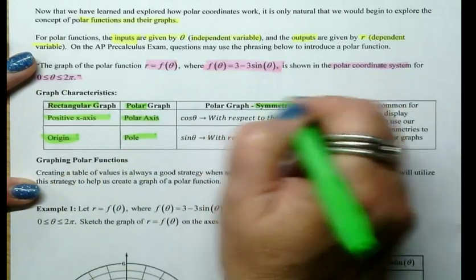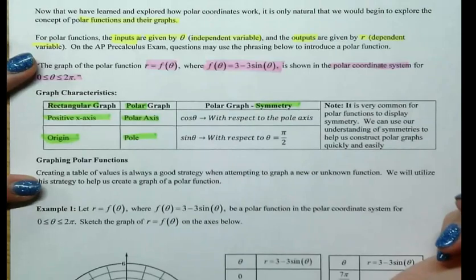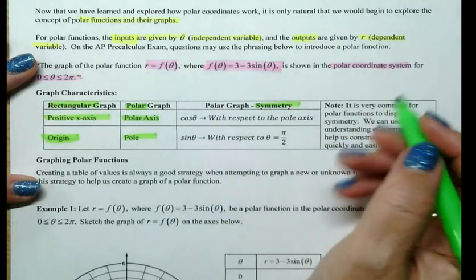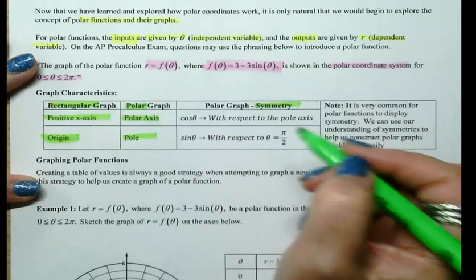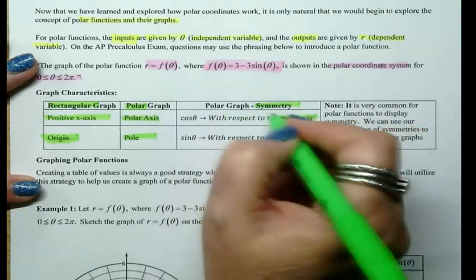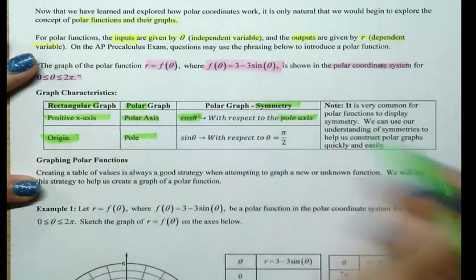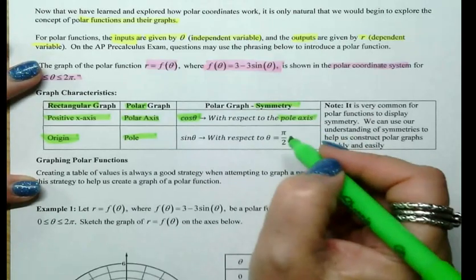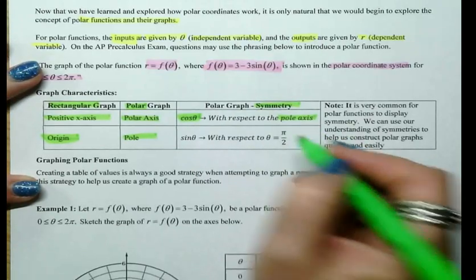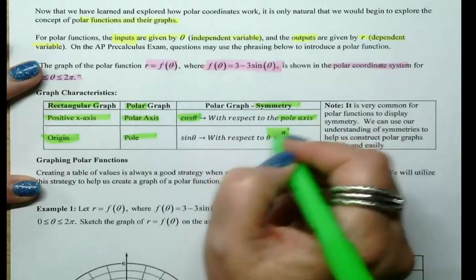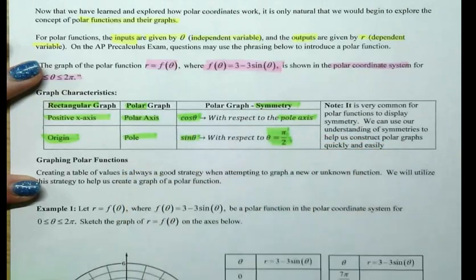Polar graphs have specific symmetry, and this can help us narrow things down. If it is symmetric with respect to the polar axis, then it's going to be a cosine equation. If it is symmetric with respect to the pi over 2 axis, then it's going to be a sine equation.